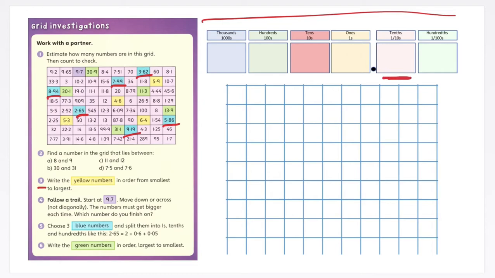How many of them would end up with a 9 here? So you write the number in, so 3.62, not 26. Does that have 9 in its 10th digit? Well, no, it doesn't. It has 6 in its 10th digit, so it's not that one. And then you just go through all 6 of those blue numbers until you find all the ones that have got a 9 in the 10th digit.